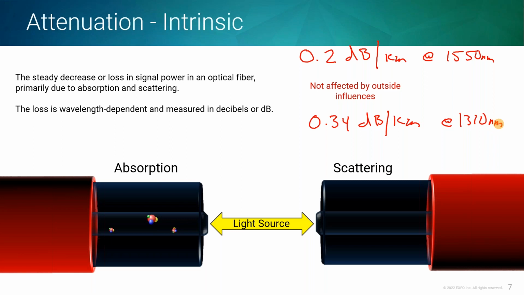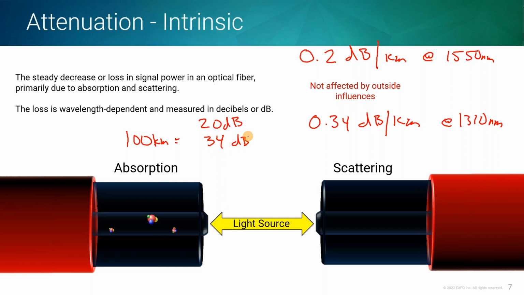That's one of the fiber basics that we need to understand, is that different wavelengths have different loss characteristics along the fiber, right? And so 1550 has less loss. If we look at 100 kilometers of fiber, which is roughly 60 miles or so, it's 20 dB of loss at 1550 and around 34, 35 at 1310 of just the glass. So that gives you an idea of the huge difference.